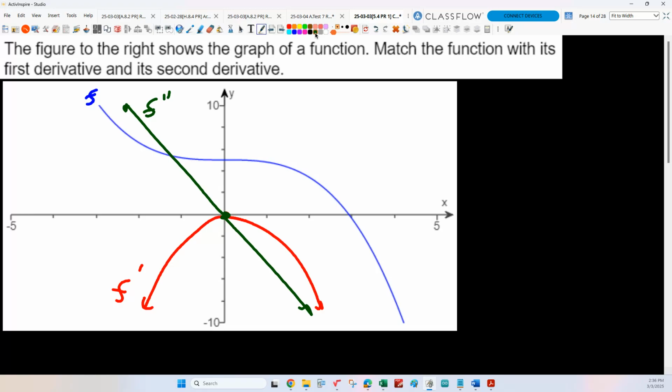Does that make sense in terms of concavity? It does. We're going from a region of positive concavity, where it's bowl-shaped up and tangent lines sit below the curve, to a region of negative concavity, where it's bowl-shaped down and tangents sit on top of the curve. Right? Okay.